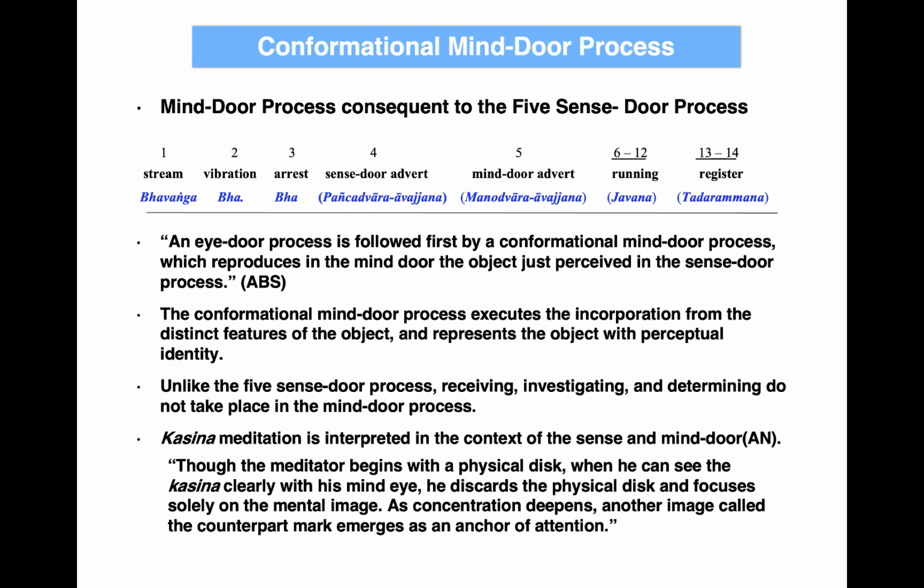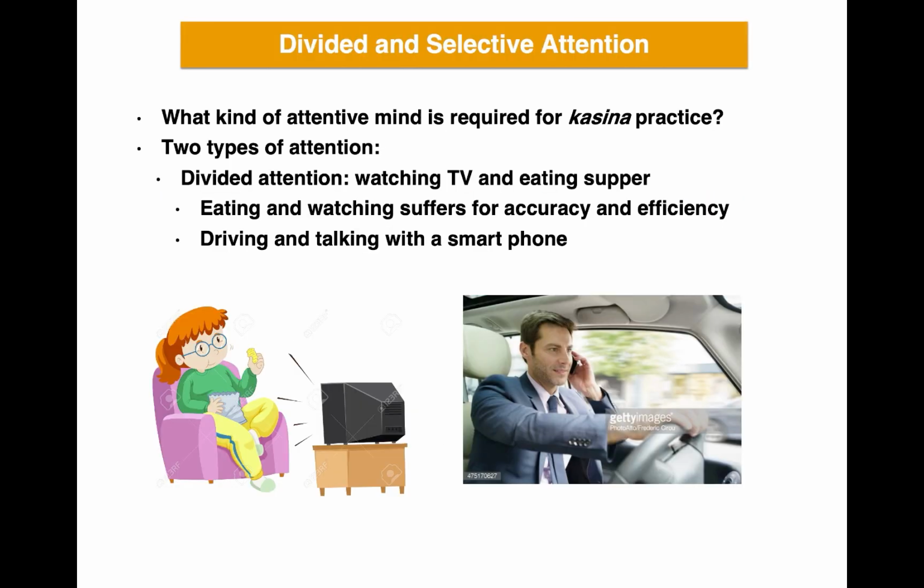So the physical disc is just the beginning, a tool, a skillful means. Then the practitioner concentrates on the physical disc and actually sees some other image, which we call the counterpart mark. Until the practitioner sees this counterpart mark, attention is necessarily required.